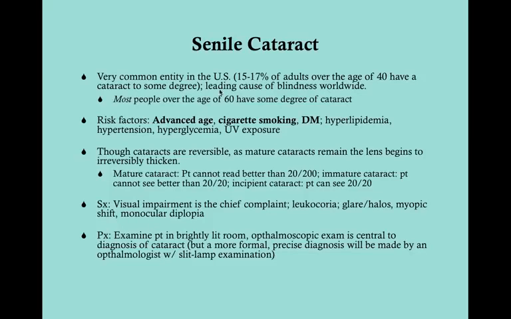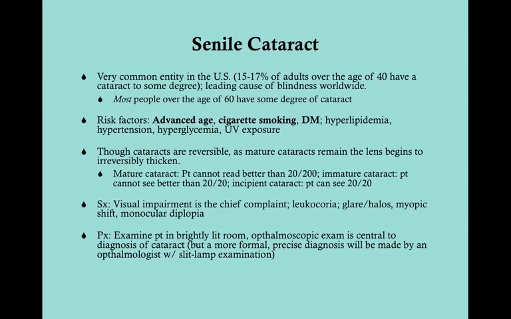So this isn't something to wait around on. Once the patient starts to have a cataract and they're having visual symptoms, you need to remove it. So I just want to introduce you to some definitions here. A mature cataract is when a cataract is present and the patient cannot read better than 20/200.